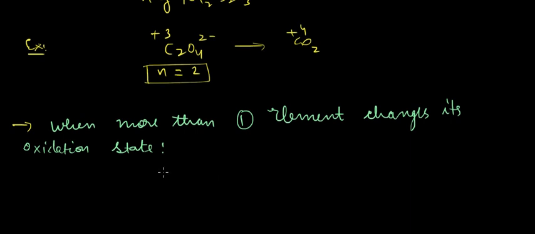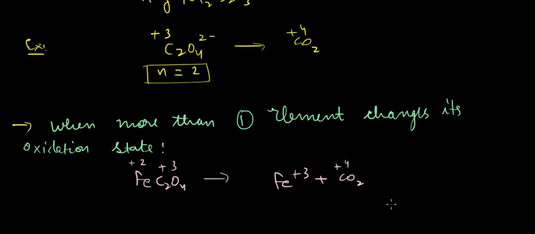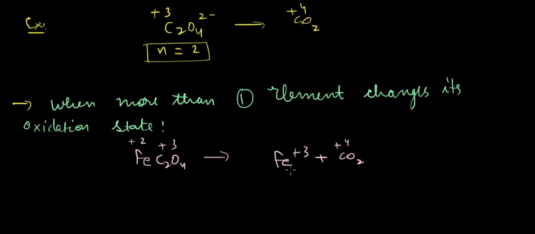So suppose we have FeC2O4 converting into Fe+3 and CO2. Fe here is in +2 state, C here is in +3 state, Fe going to +3 state and C going to +4 state. So the n factor would be simply the addition of the substances which are undergoing oxidation.